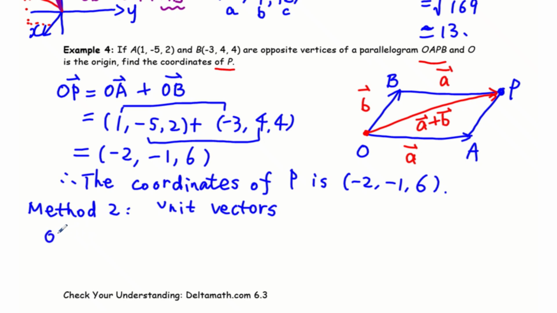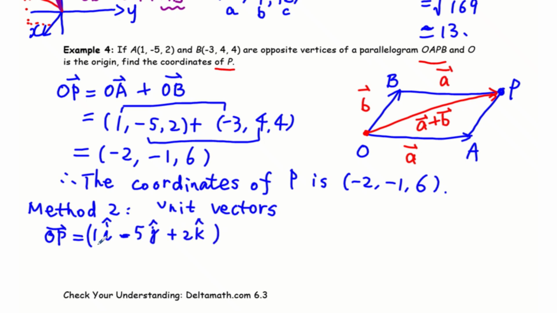So for the unit vectors method, OP equals, this time we write OA not in component form. We write it in unit vector form. It means 1 in the x direction is i, then y is the unit vector in the y direction, j, then z is 2k.